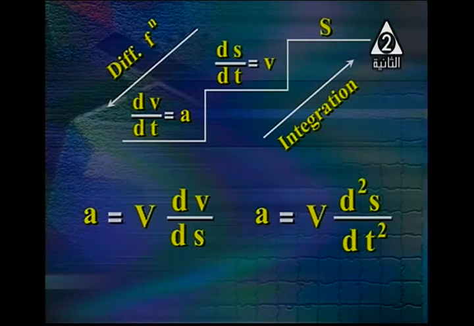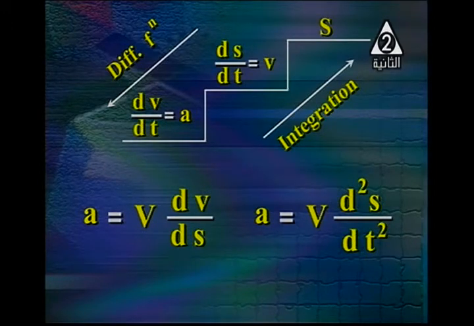Then acceleration a equals v times d2s over dt squared. Why? Because dv by dt equals the second derivative of distance with respect to time.